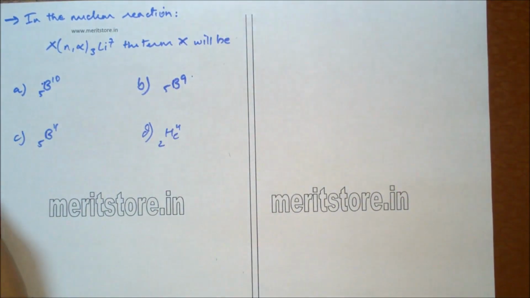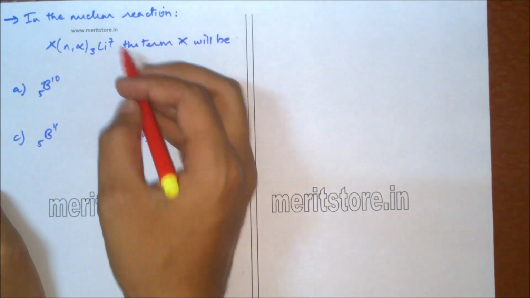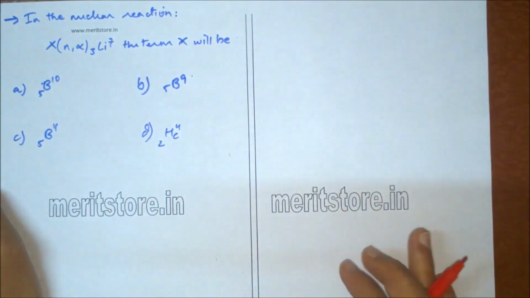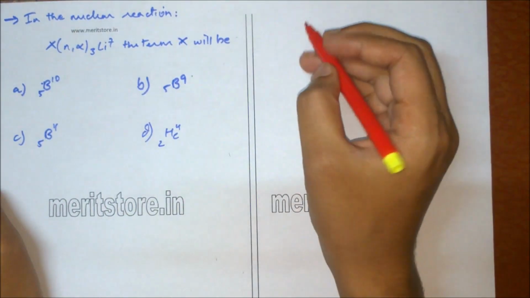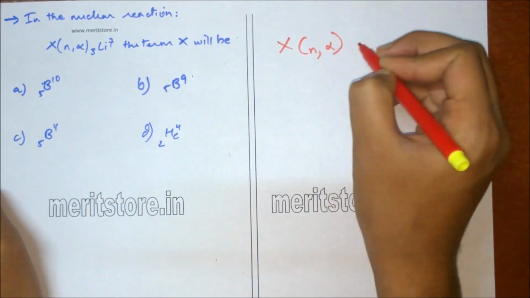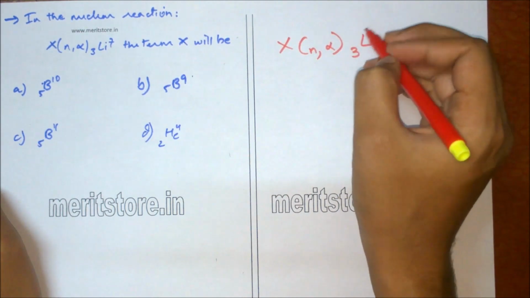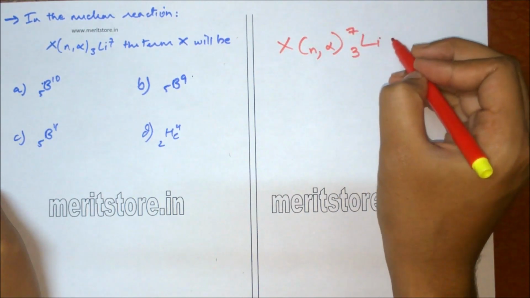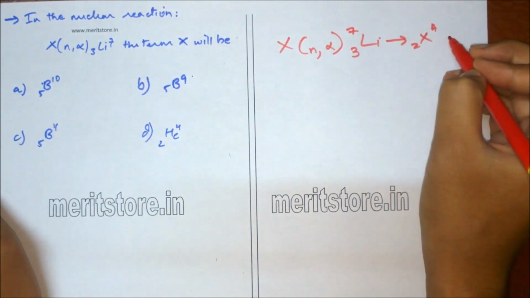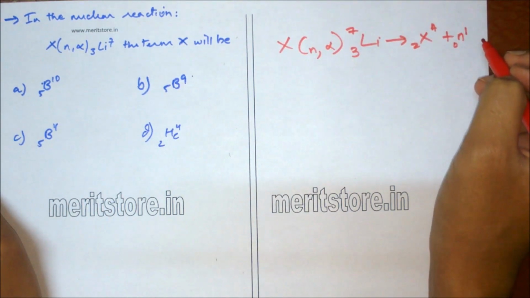In the nuclear reaction, X plus N1 alpha gives lithium of mass 7. In the term, X will be. So here X, where alpha plus lithium of atomic number 3 and mass 7 will give an element plus a neutron in a nuclear reaction.